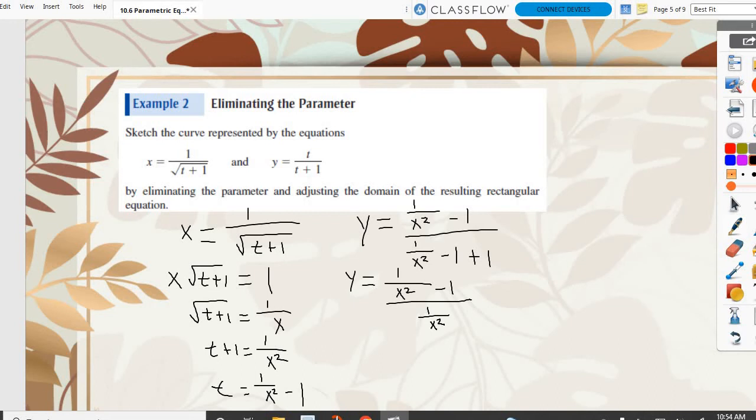Okay. So then what do we want to do? Combine the top and the bottom line? We cannot because I have subtraction in the top. But what we could do is that this is dividing by a fraction, right? So we could also multiply by the reciprocal, which would just be x squared.